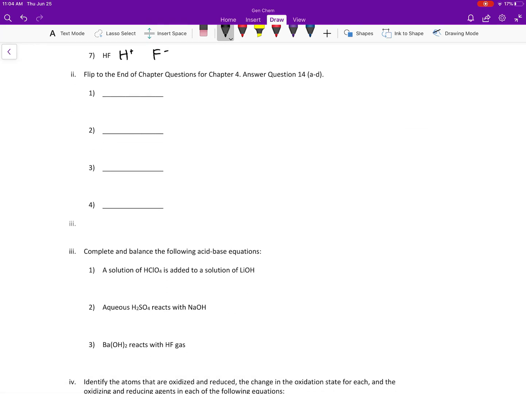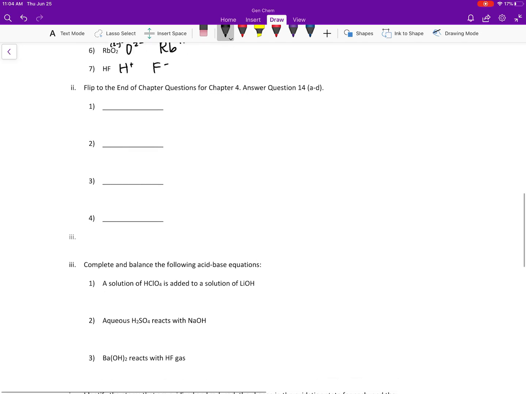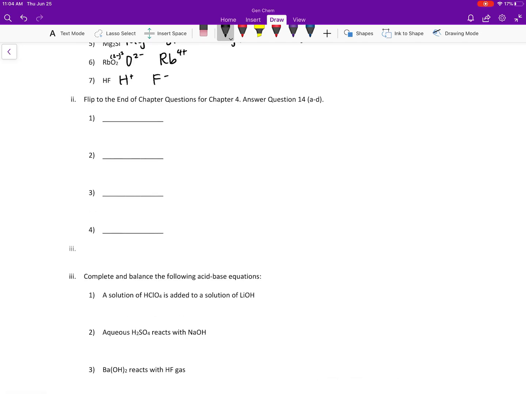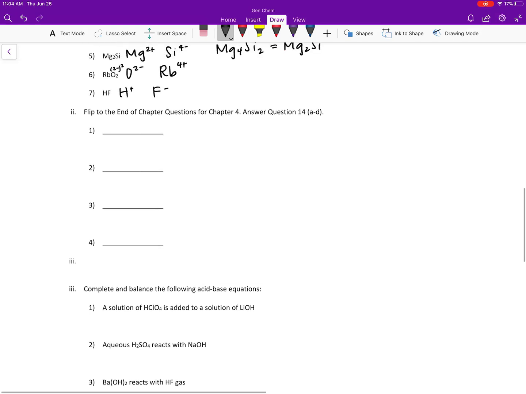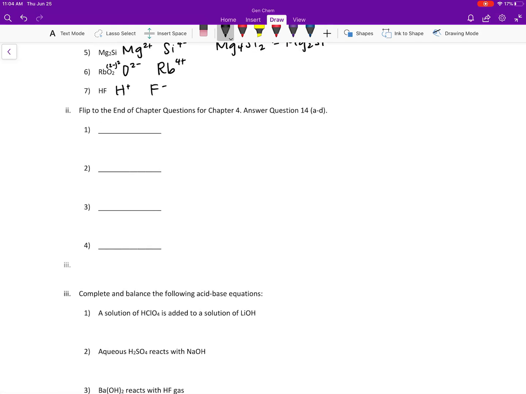The next question here says to flip to the end of your chapter 4 and answer questions 14A through D. We're going to do 2 of them, and then I'll let you guys practice 2. So we have water plus solid carbon reacting to form carbon monoxide and hydrogen gas.